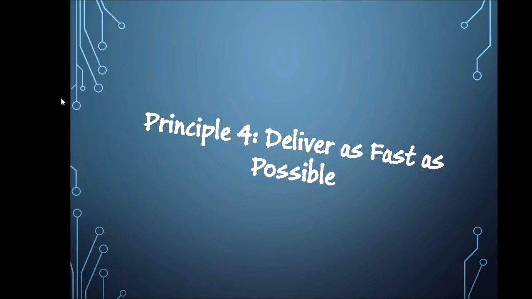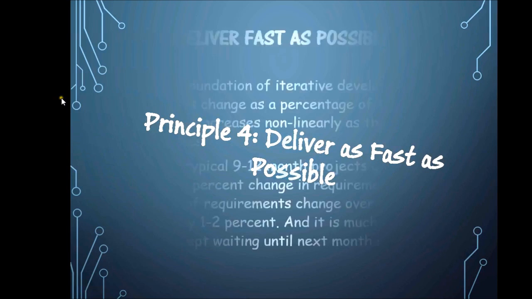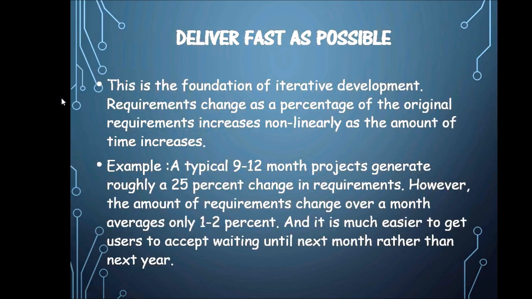And here's the 4th principle, deliver as fast as possible. This is the foundation of iterative development. Requirement change as a percentage of the original requirement increases non-linearly as the amount of time increases.